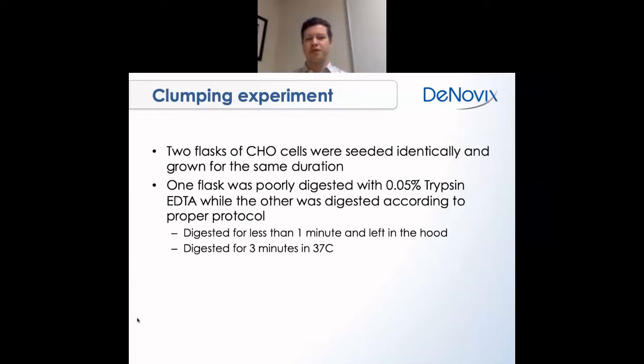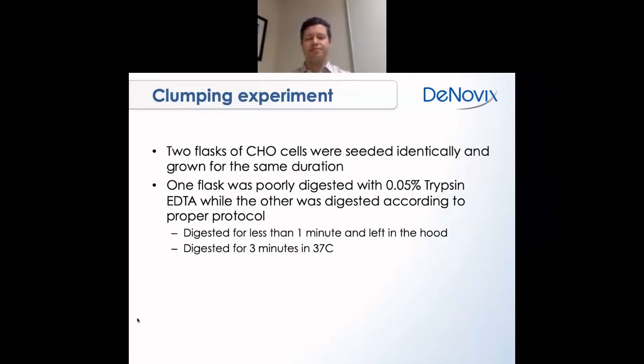So to prove that point, I did a little experiment of clumping cells. I took two flasks, seeded them exactly the same way, and let them incubate and grow for the exact same duration. Then I poorly digested one flask with my trypsin.